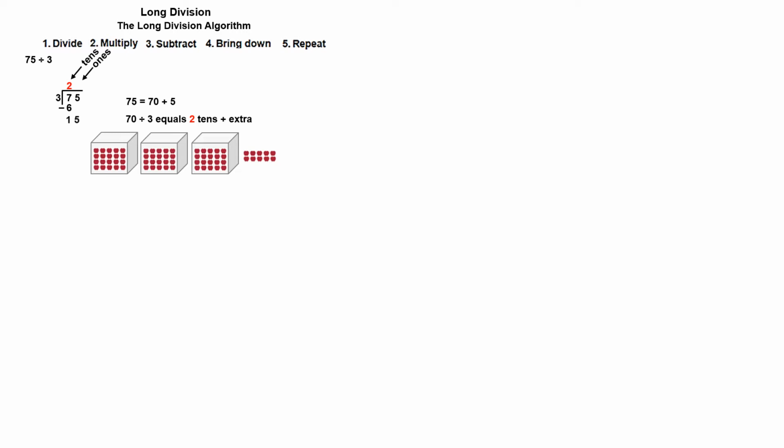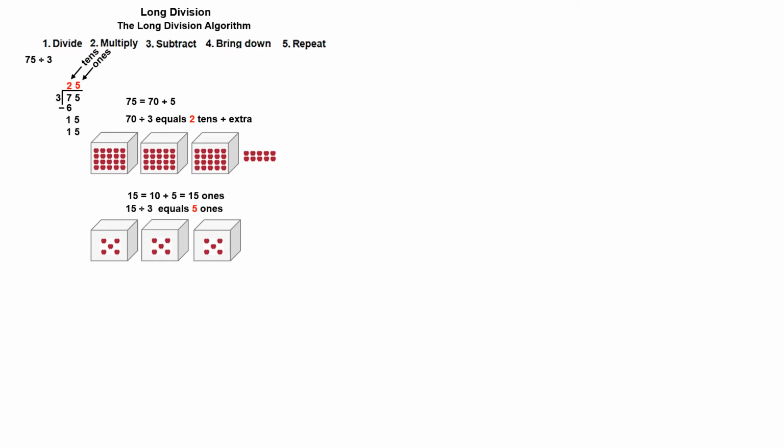Start again at step 1. Dividing 15 ones by 3, we get 5 ones and nothing is left over. We put that 5 ones right above the 5 ones. Multiply the 5 by 3 and put the answer right under the 15.